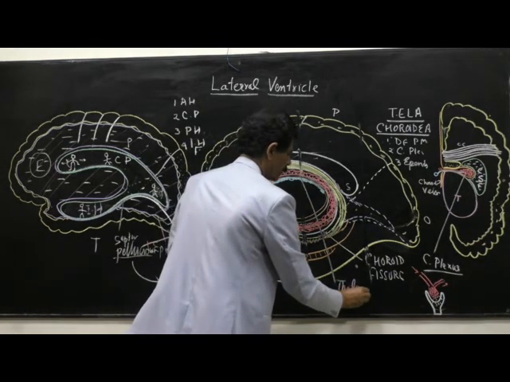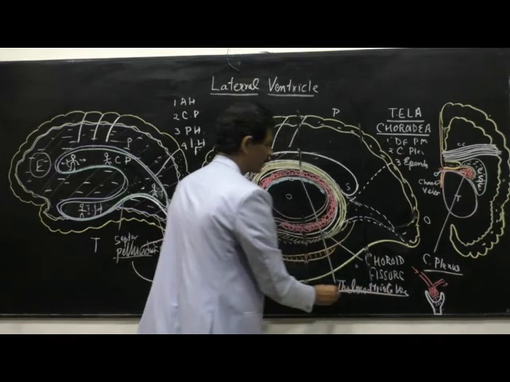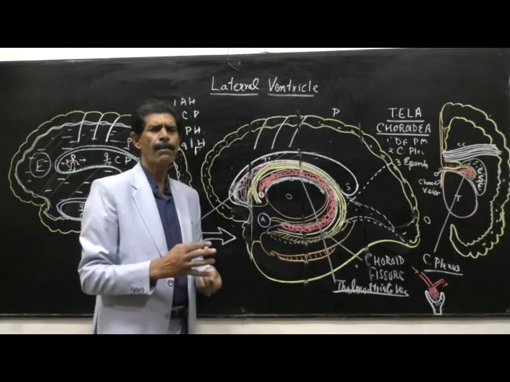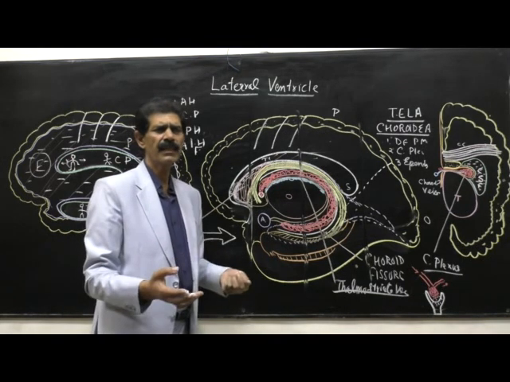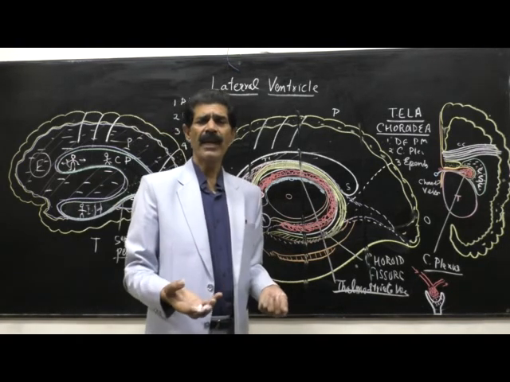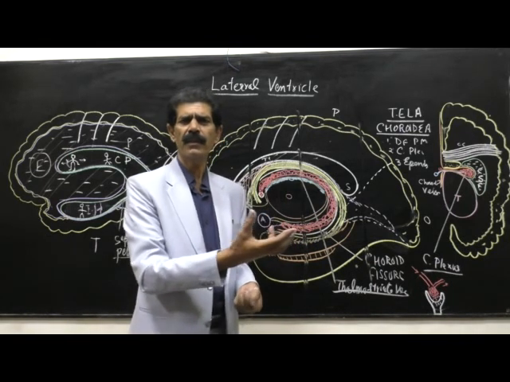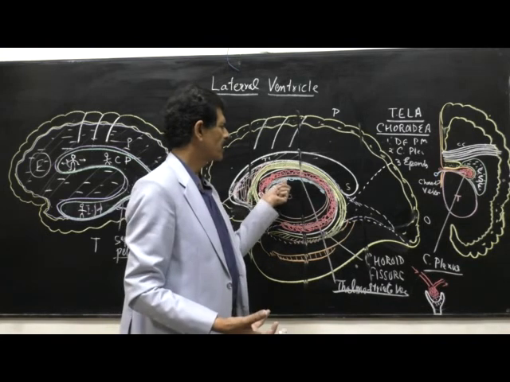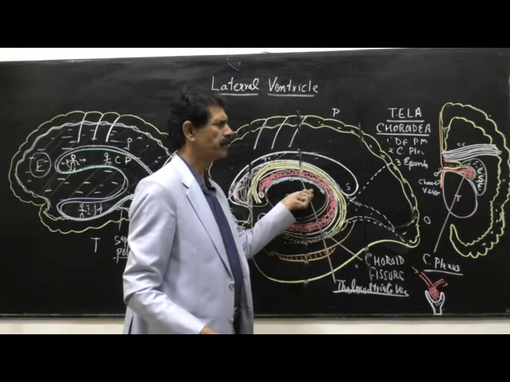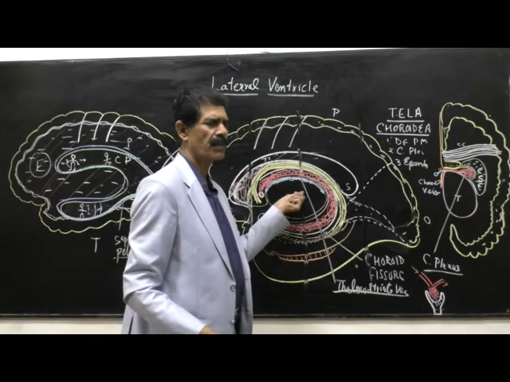This is the thalamostriate vein. So the thalamostriate is the venous drainage of the thalamo, meaning from the thalamus, and striate, meaning corpus striatum, that is the basal ganglia, that is the lentiform nucleus, and the caudate nucleus. So venous drainage from this also comes out. And this thalamostriate vein lies between the caudate nucleus and the thalamus.